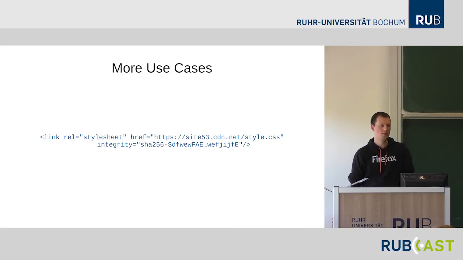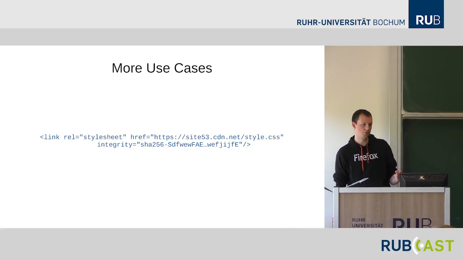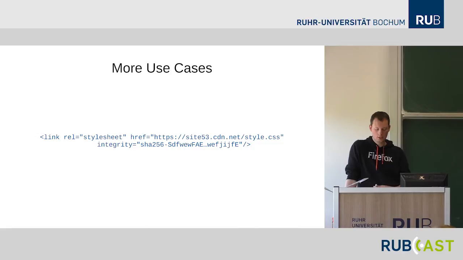There are more use cases. As I said earlier, you can also use this for style attributes. And in the future, we really want to support all sub-resources, which include iframes, which have obviously a similar security property as scripts, but also images and videos. Why this is interesting for styles, I don't know if you've heard about this.